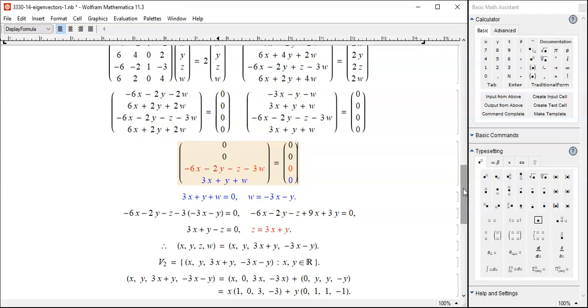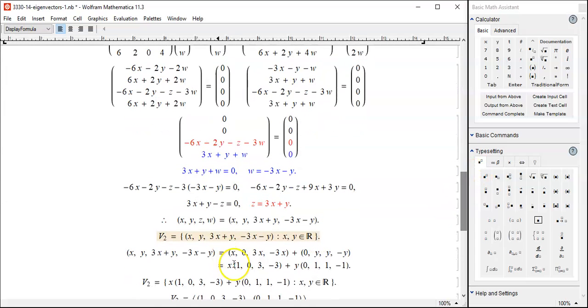2 degrees of freedom. 2 characters are moving around freely. Here, according to this, W is solved by X and Y, and Z is solved by X and Y. So X and Y, 2 characters, are running freely, and that forms a subspace.